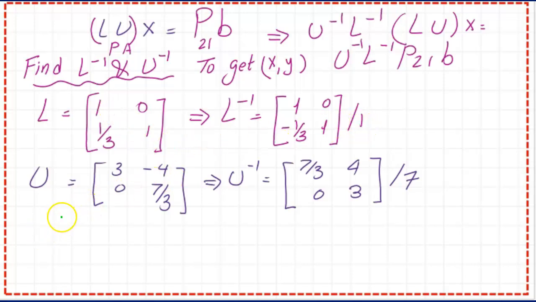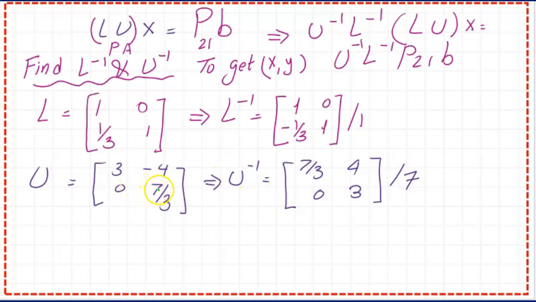While for the U matrix, the elements are 3, minus 4, 0, 7 over 3. In order to get the inverse of the U matrix, the determinant value is 21 over 3 plus 0. 21 over 3 is 7, and will be in the denominator.